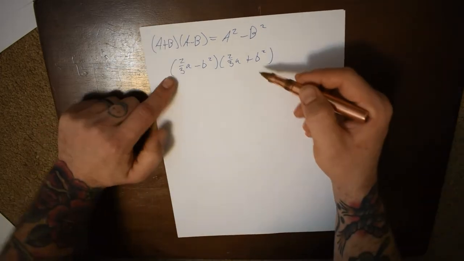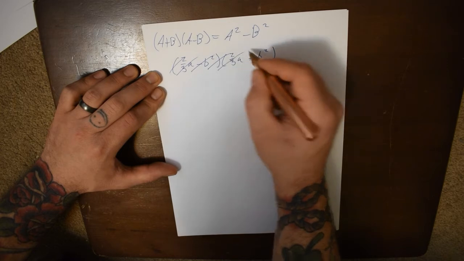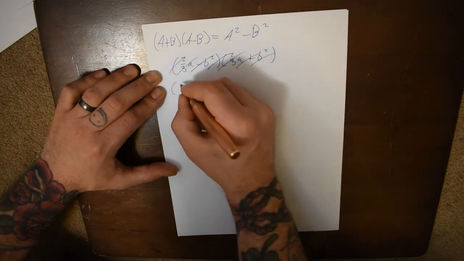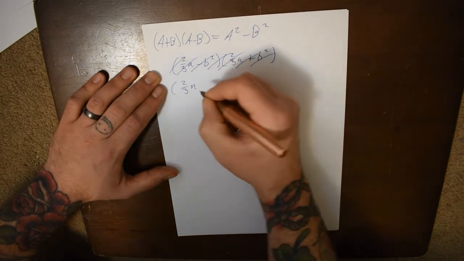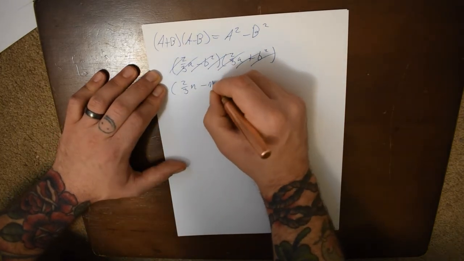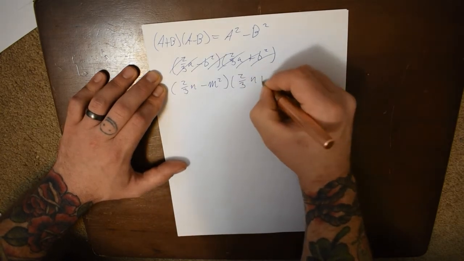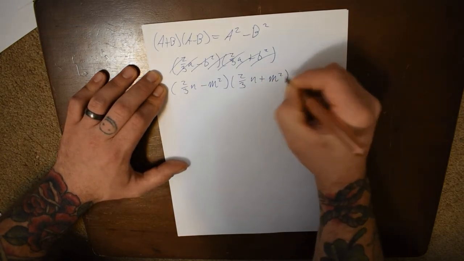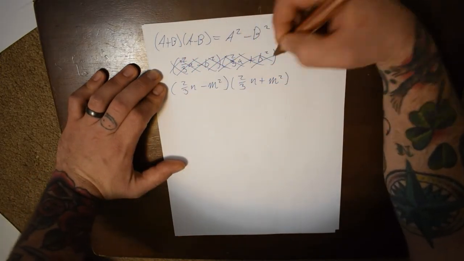We've got a's up here and a's down here, so I'm just going to rewrite this problem to help us from getting confused. And I'm going to call it (2/3 of an n minus m squared) times (2/3 of an n plus m squared). There we go. That would have gotten a little confusing.